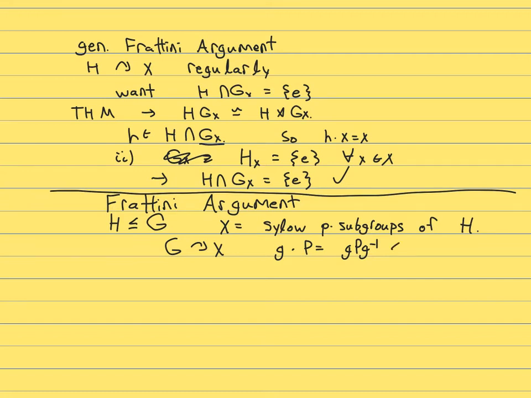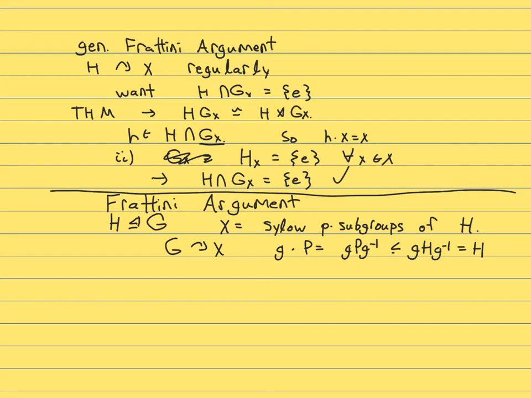Naturally, this conjugate is a subgroup of this conjugate of H, but because H is normal in G, that's actually equal to H. So even though I'm acting by elements of the larger group, this conjugate is still a subgroup of the smaller group. And so I actually am still staying inside of X.